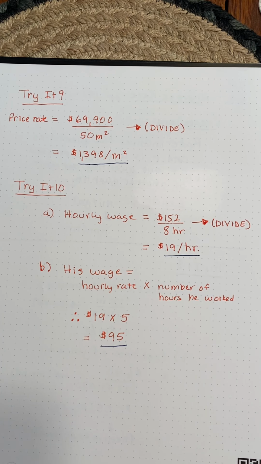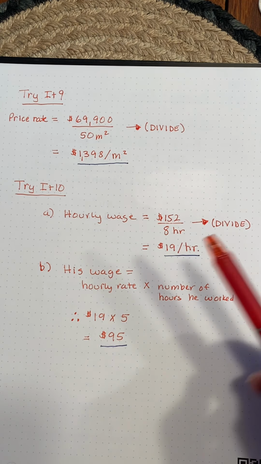Now, in try it 10, we have a 2-part situation for one set of criteria. So try it 10 says, a worker is paid $152 for 8 hours of work. First, letter A, find the hourly wage rate. So we go ahead and do that.